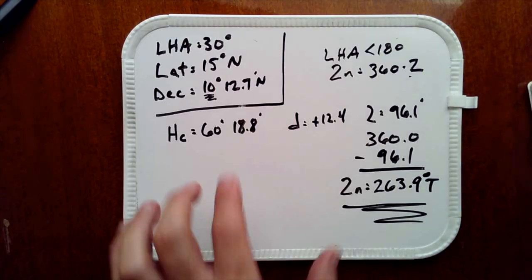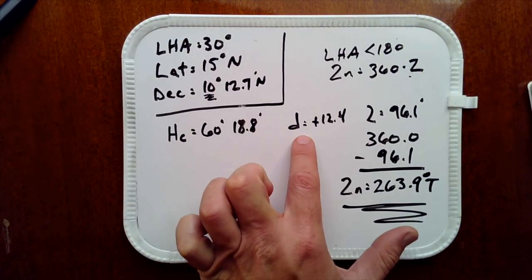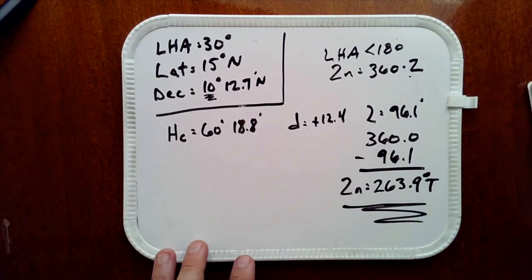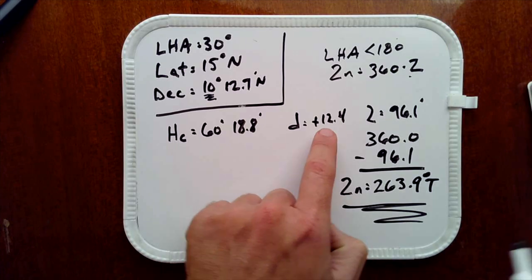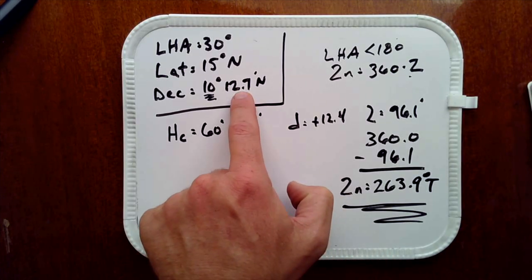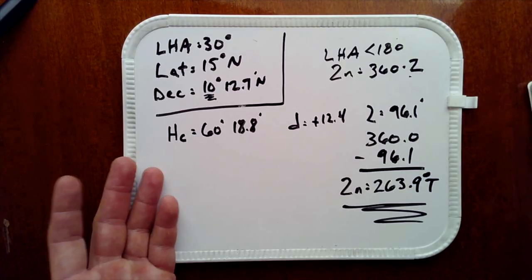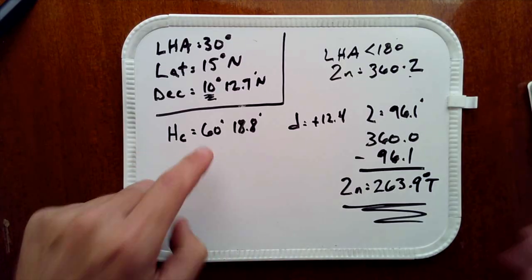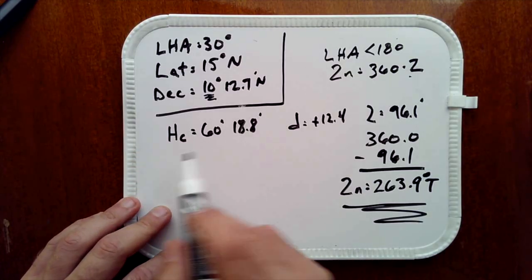Dealing with the height computed and the altitude difference is going to be our next step. So if we take the altitude difference and multiply it by the declination increment and divide the whole thing by 60, you'll end up with the correction that you need to make here to the height computed.